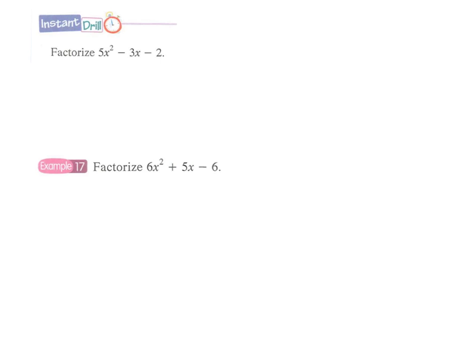And now let's move to factorize 5x squared minus 3x minus 2. We have 5x squared, therefore giving the two factors. One will be 5x and the other one will be x. And for minus 2, either we have minus 1 times plus 2 or plus 1 times minus 2. And remember, we have to make up the middle term minus 3x.